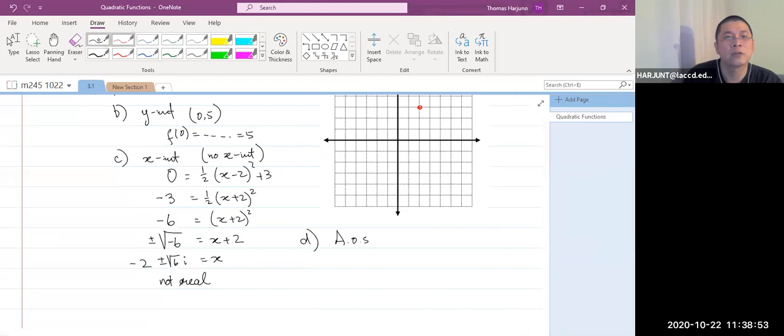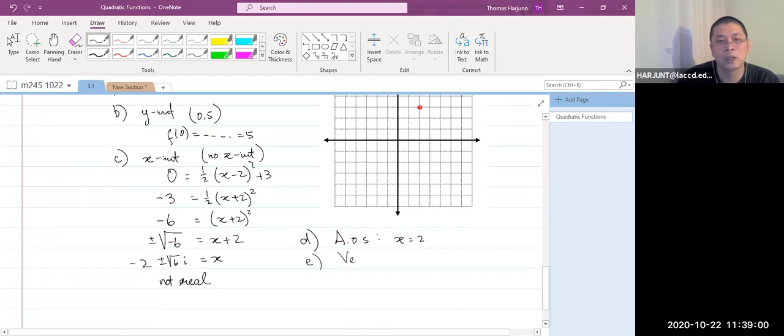So the axis of symmetry, we still have it, x = 2. Part E, the vertex is (2, 3). The range is from 3 to infinity. It does not include 0, therefore it doesn't have an x-intercept.